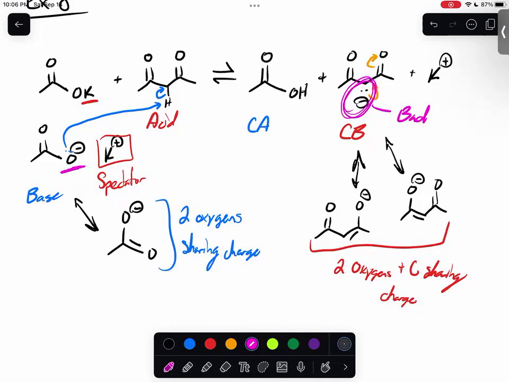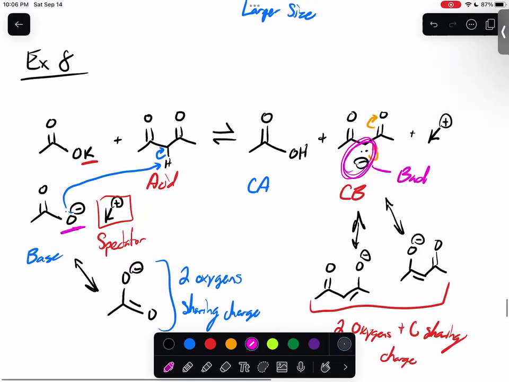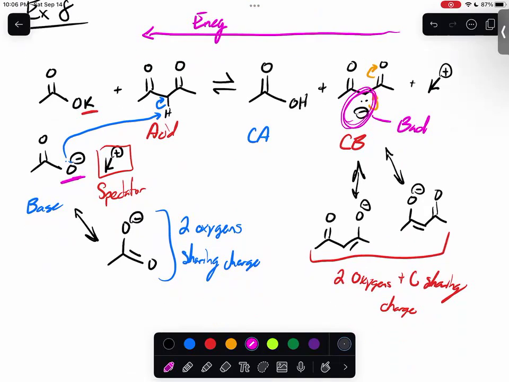And so because of that, we can say that the equilibrium is going to point this way due to electronegativity, right? Because we start out where a negative charge is on a carbon versus a negative charge on an oxygen, we'd rather have it on the oxygen. And so this right here may seem like a little bit of a stretch, but we do have a reasonable way to explain this as well in terms of pKa, because looking at the acid, this is actually in your pKa table, right?